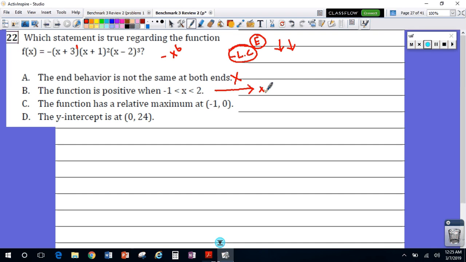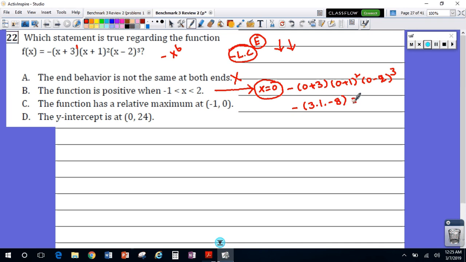So if you plug in x equals 0, what do you get? So negative of 0 plus 3, 0 plus 1 square, and 0 minus 2's cube. So it is negative 3 times 1 square means 1, negative 2 cube is negative 8.